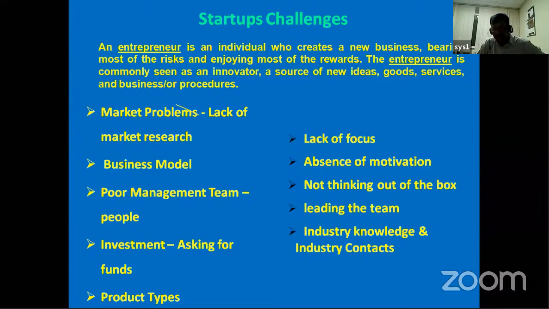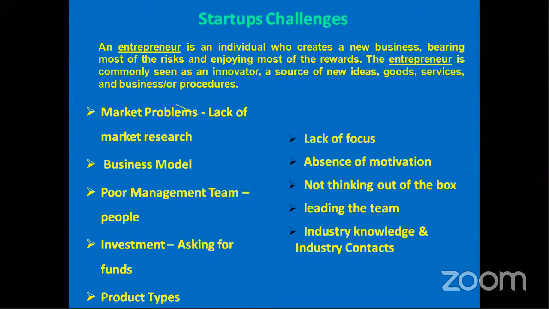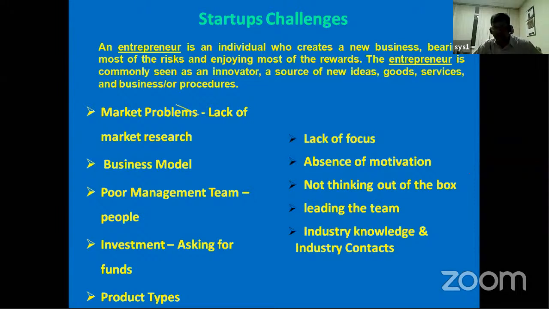And next, product. Based on the demand, product types are very, very important. What type of services, what type of businesses you are going to start, that's what product types means, and you have to select a particular product type. For example, I can start simply with zero investment.